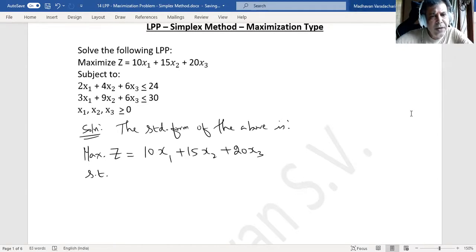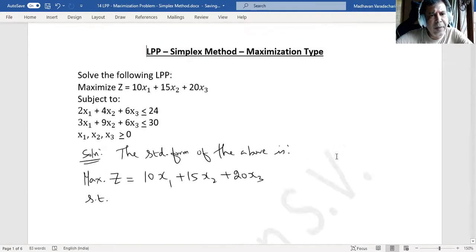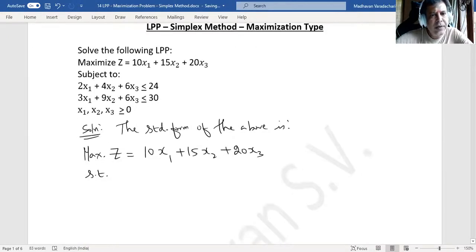In the previous video we saw the introduction of slack variables. Here we will be doing that because these constraints have a less than or equal sign. In fact, the constraints are the same as in the previous video that we took to understand slack variables. So I will be introducing slack variables.